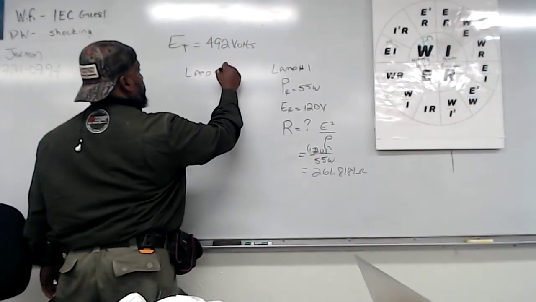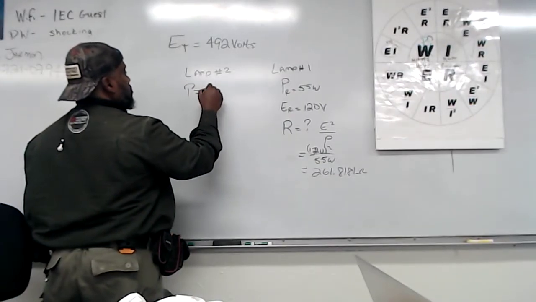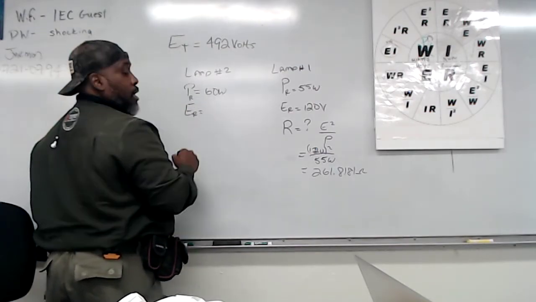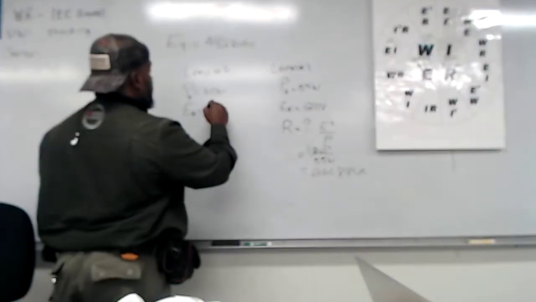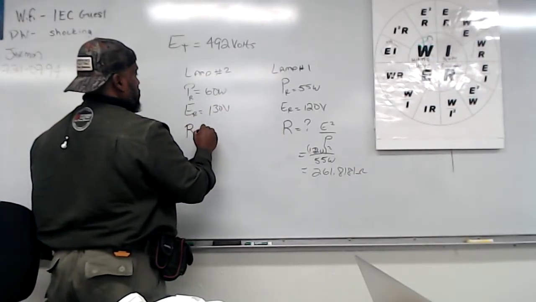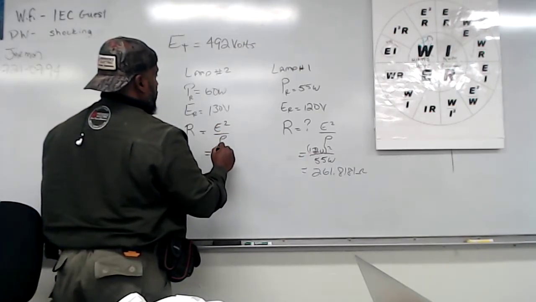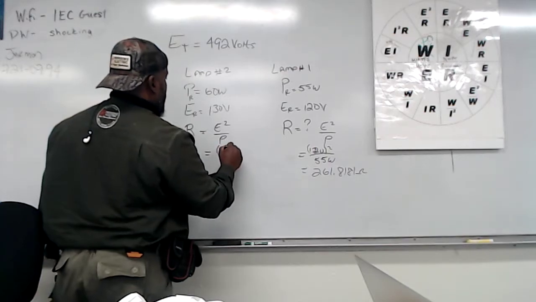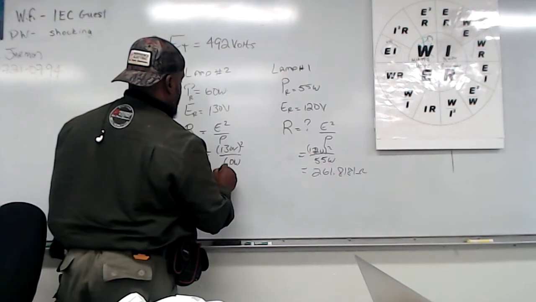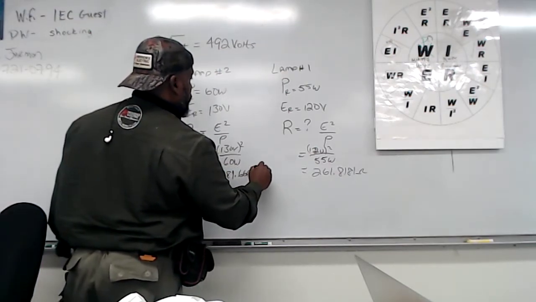Lamp number 2, what did it give me? Power 60 watts, sorry. And the voltage is what? 130. What's resistance? E squared over P. 130 volts squared divided by 60 watts is what? 281.6667 ohms.